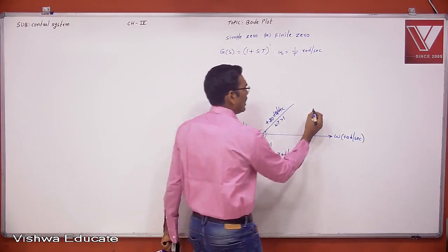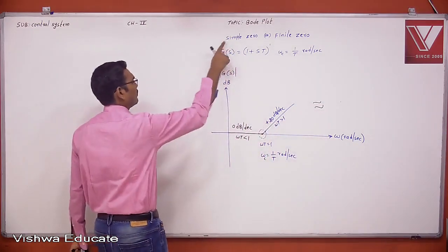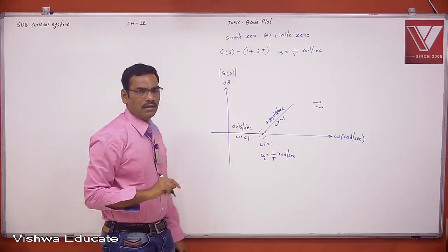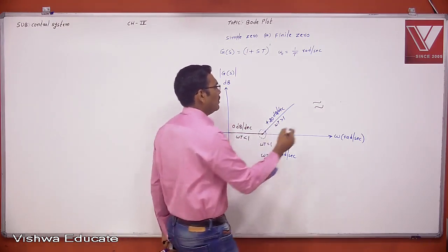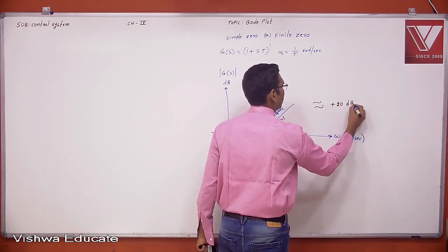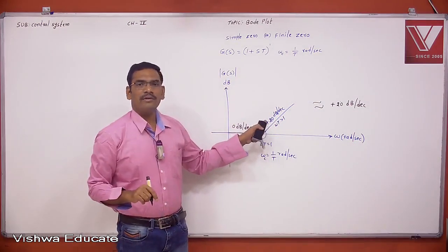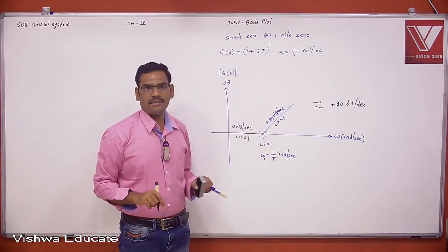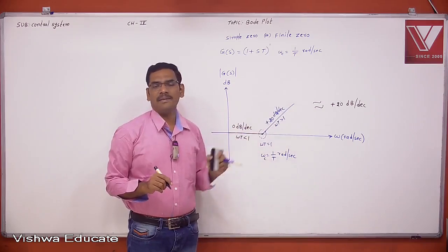After the corner frequency, the slope considered for a simple zero is plus 20 dB per decade.